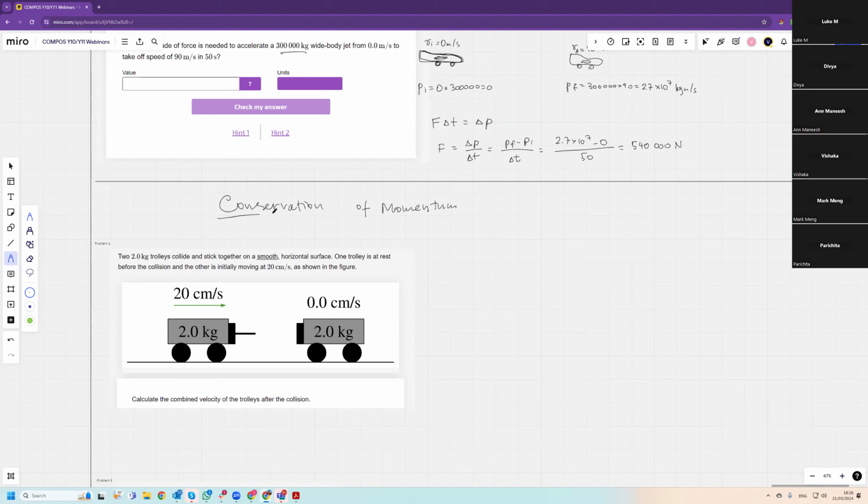Conservation of momentum: in an isolated system, the total momentum remains constant.